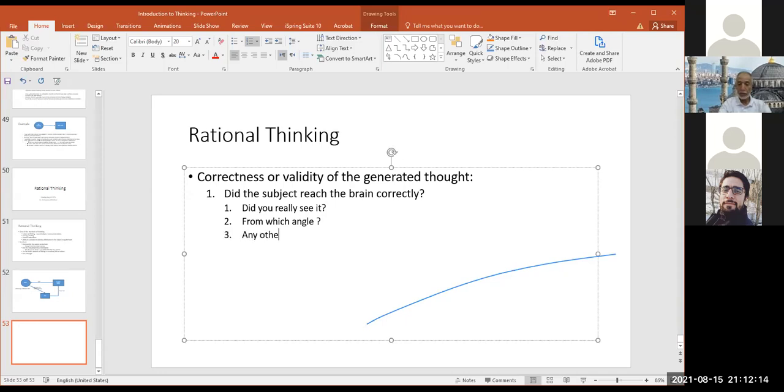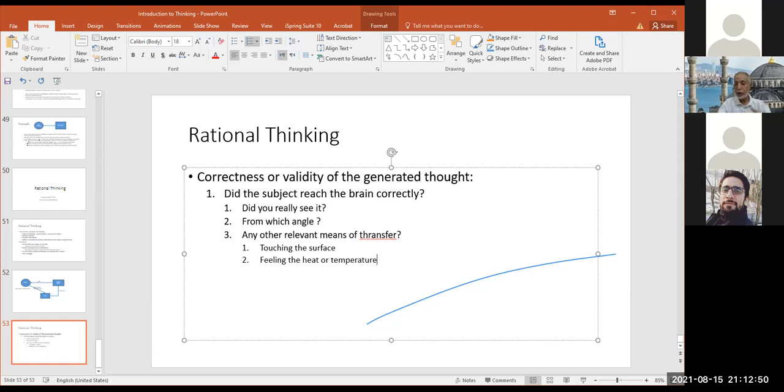Any other relevant means of transfer? For example, touching the surface, or maybe feeling the heat or temperature, if you will.